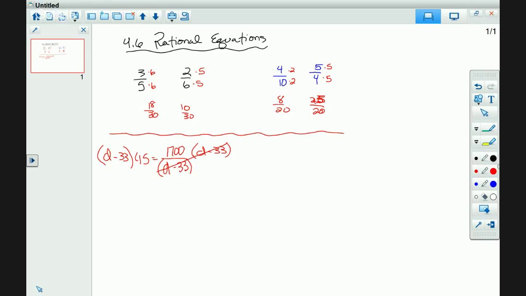Excellent. Thank you for that. Okay, you can distribute here, or you can divide over. Either one, doesn't matter. And then you can add and divide. Here we go. The answer is 70.78.